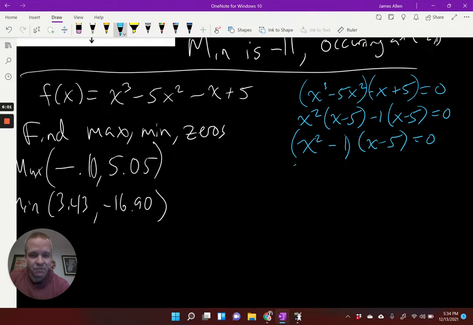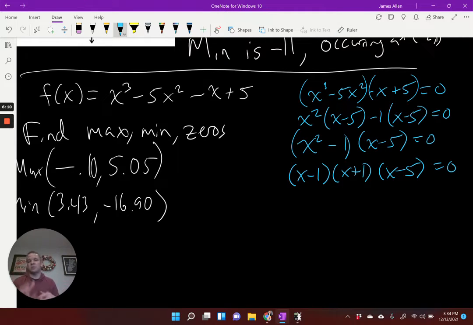Now, I can factor this other one further, x minus 1 and x plus 1, and then I have x minus 5. You could have set both equal to 0 and solved using square roots for that left one. But just to go over, if you were asked to factor completely, that would be your final answer there, okay? Now, to get my zeros, I'd have x equals 1, x equals negative 1, and x equals positive 5. So there's all my zeros.